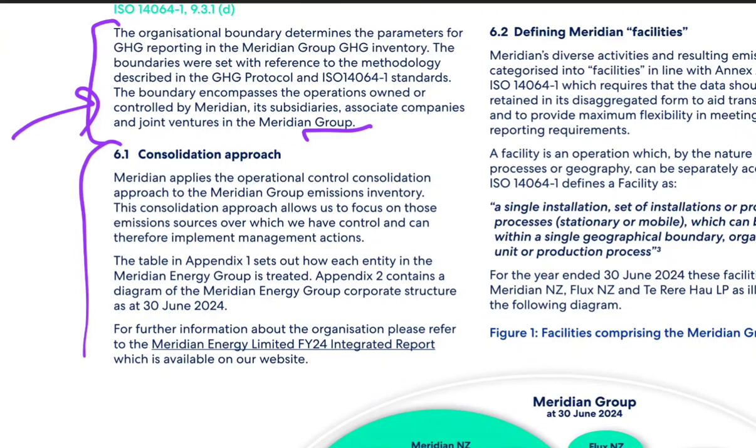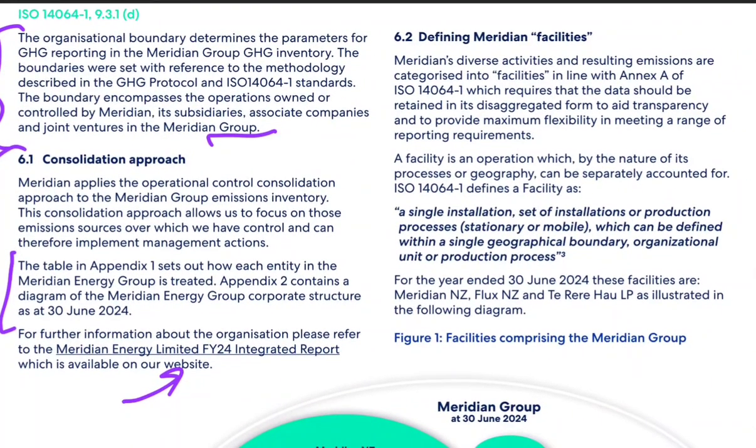In the table, Appendix 1 sets out how each entity is treated, and Appendix 2 contains a diagram of the corporate structure as of 30th June 24, and this report is part of the annual integrated report also.